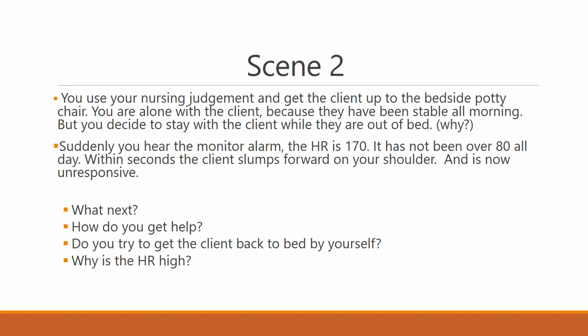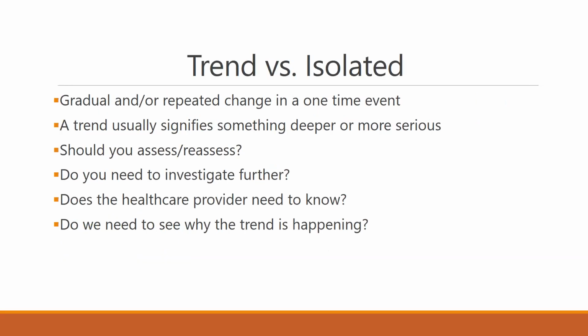Scary situation. So when we talk about trend versus an isolated event, is it a gradual or repeated change, or a one-time event? A trend usually signifies something deeper or more serious. Should I assess and reassess? Absolutely. Do you need to investigate further? Absolutely. Does the healthcare provider need to know?